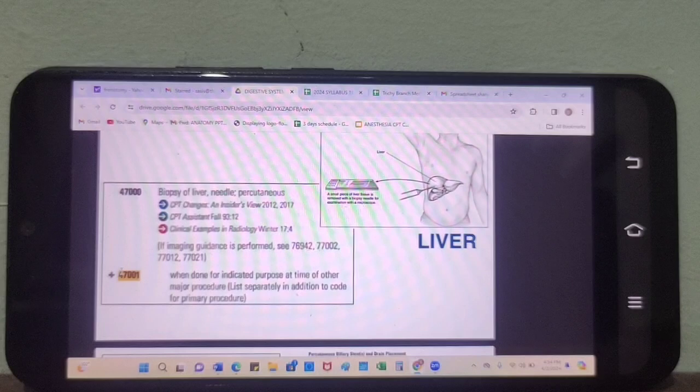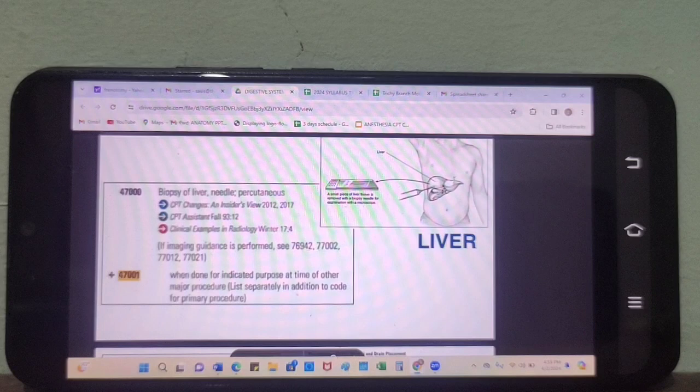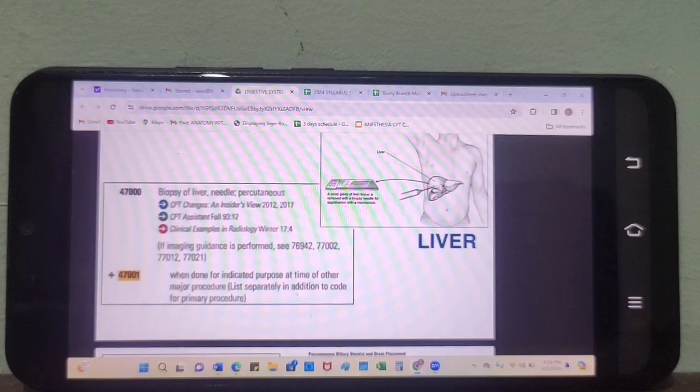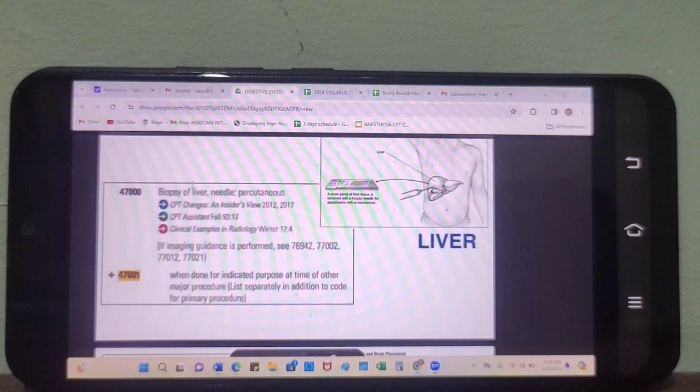For example, during pancreatectomy, the doctor also obtains the sample from the liver. Pancreatectomy is our primary code. Next, we should report the add-on code 47001.